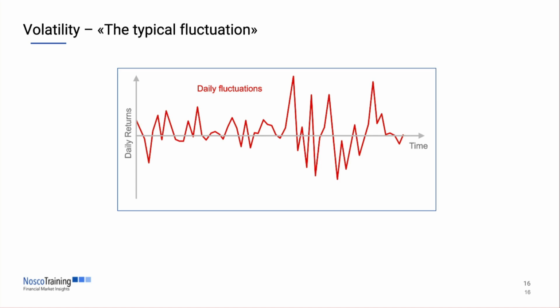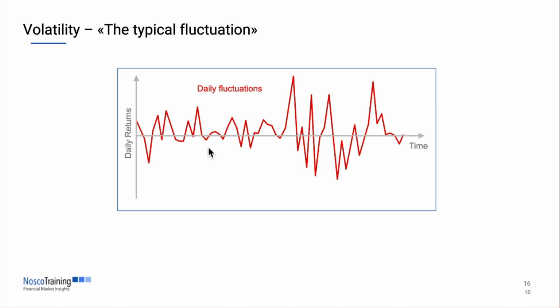Now, I like visual representation. A typical way to visually represent volatility, and I'll show you a better picture in a sec, is to think about a graph. On the x-axis you have time, on the y-axis you have the daily returns, and every day you note down the return, and you see sometimes it's plus, sometimes it's negative. It looks like absolute chaos, right?